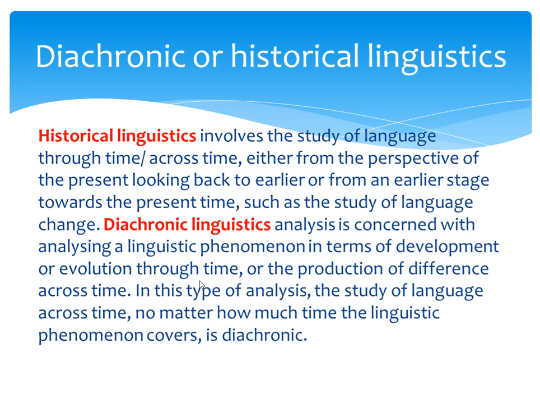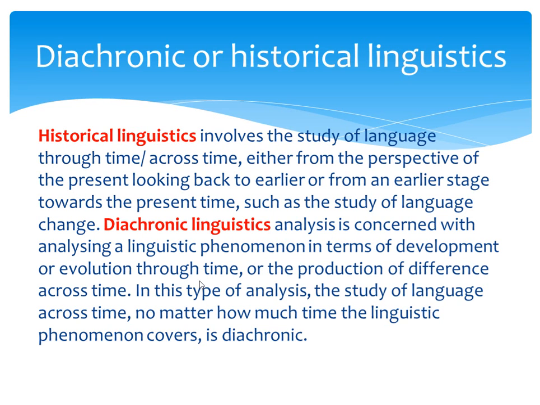Say for example the study of the use of present verbs by college university students between November and December. This is diachronic analysis, because we study language across time from September, or say October, and November.